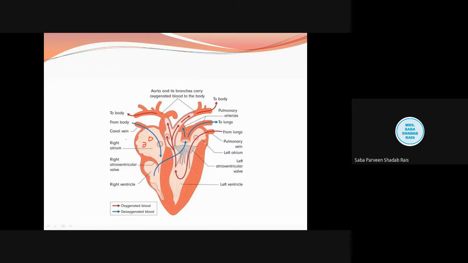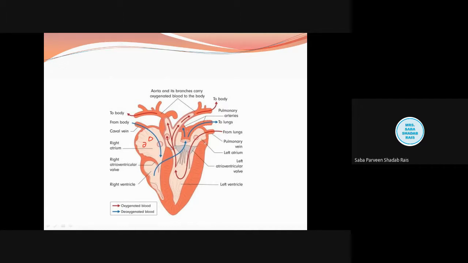So definitely there must be a valve. Here the valve is present, and you can see this right atrioventricular valve. This valve prevents the blood from draining back, and this particular wall is the auriculoventricular wall.